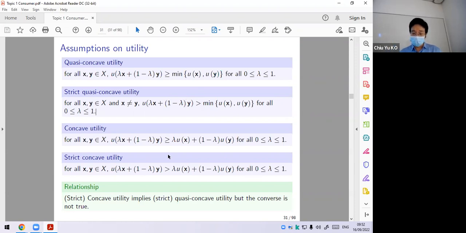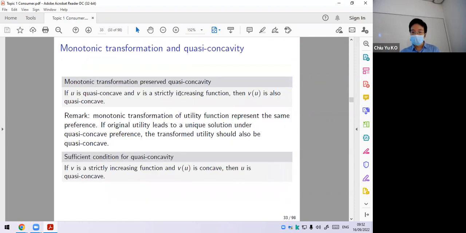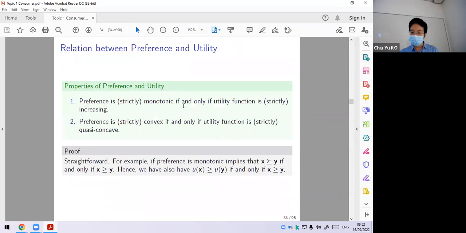An important thing is that quasi-concave implies convex, so strictly quasi-concave implies strictly convex. Monotonic preference means monotonic, increasing utility. Strictly convex preference means quasi-concave utility.